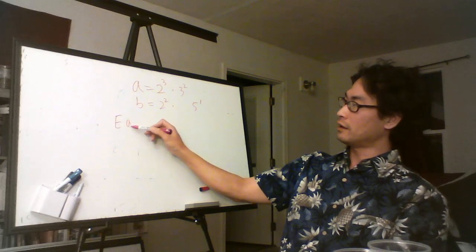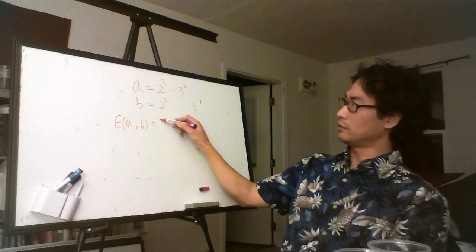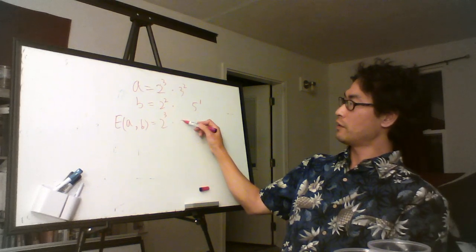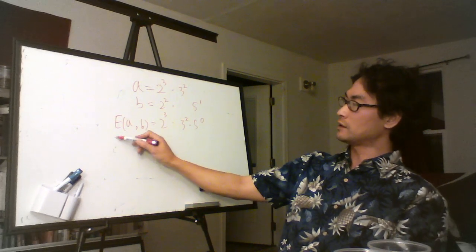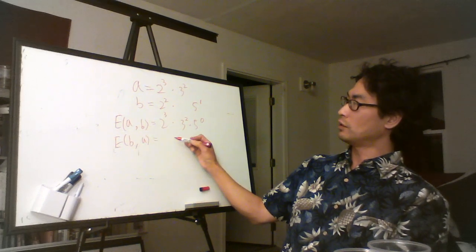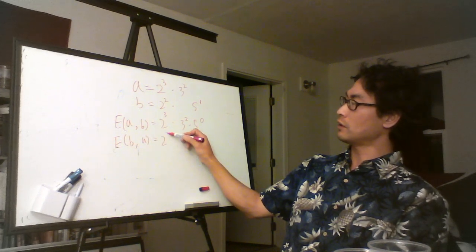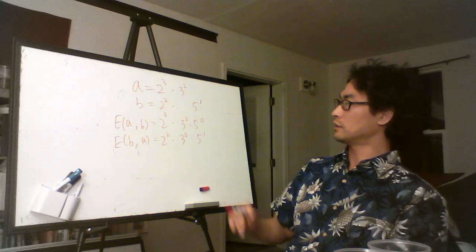Expansion of a toward b is equal to 2 to the 3rd times 3 to the 2nd times 5 to the 0th. Expansion of b toward a is equal to 2 to the 2nd times 3 to the 0th times 5 to the 1st.